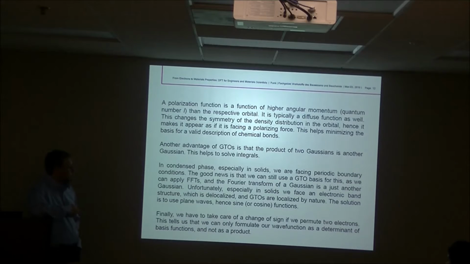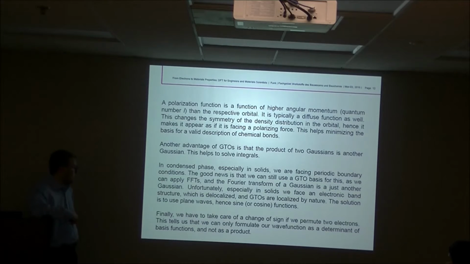Well, of course, you can take many Gaussians, and you can use fast Fourier transformations for the mapping of the multiperiodic images. And the good thing is that the Fourier transform of a Gaussian is still a Gaussian, which is nice. But it still doesn't give us a band structure unless we have a vast amount of Gaussians.